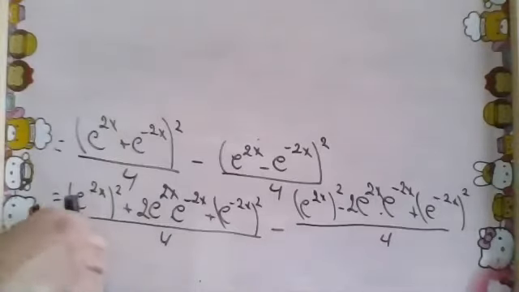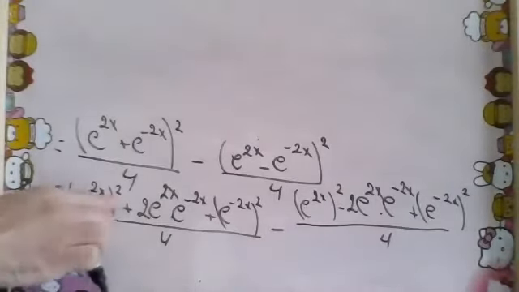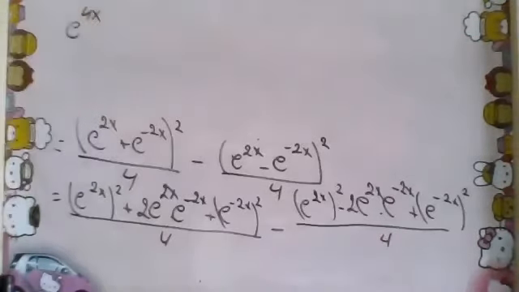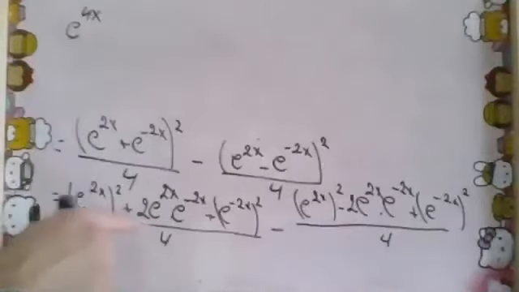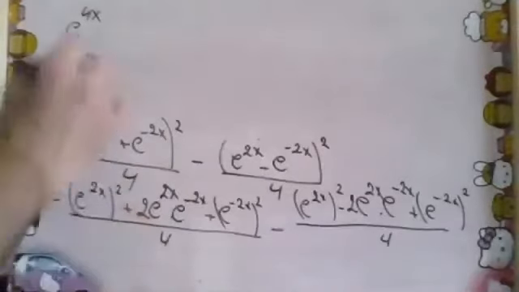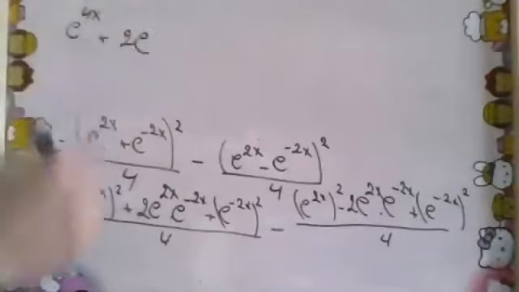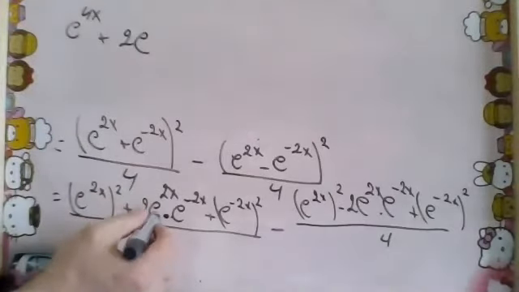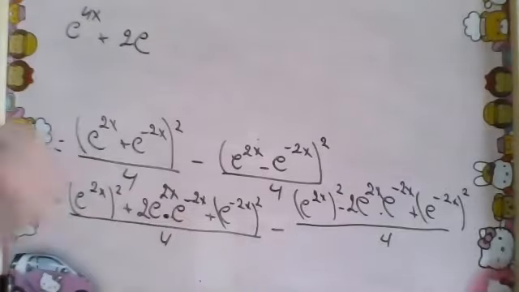Why? Well, e power 2x all of it power 2 means e to the power 4x. Plus 2 e to the power... we have multiplication. What do we do in the exponents?